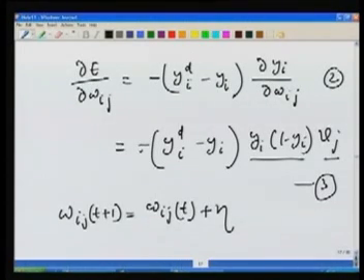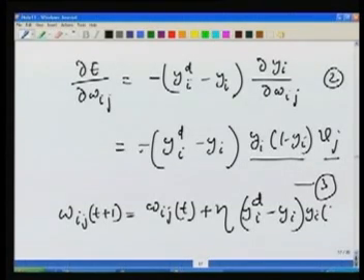So, this becomes plus eta y I d minus y I into y I into 1 minus y I into V j. So, this is your final equation for the weight update law for weights between hidden layer and output layer.